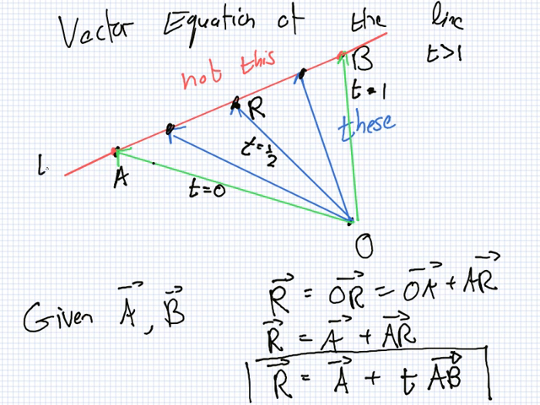And if t is less than 0, it's out here. So this is the formula, Jerry, to represent all the vectors. Okay, Jerry?